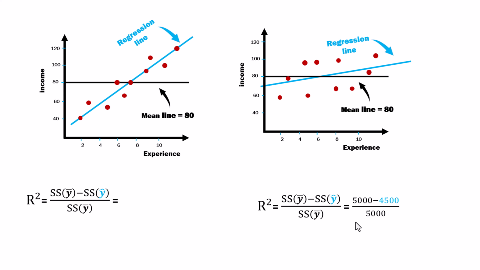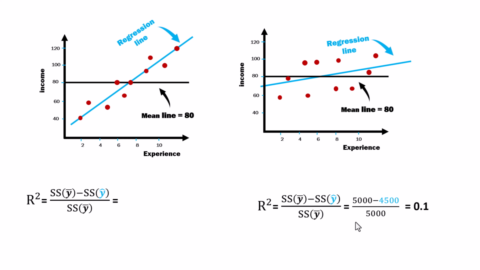R squared is 0.1, meaning that variation around the regression line is 10% less than variation around the mean. Or in other words, only 10% of the variation in income is explained by the years of experience. The model isn't very helpful for predicting income.